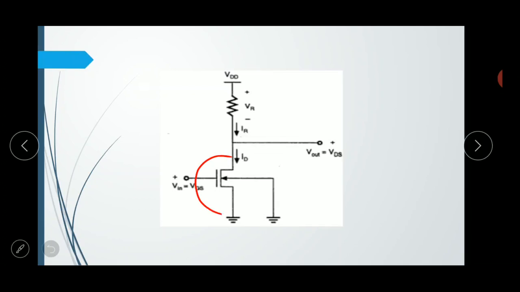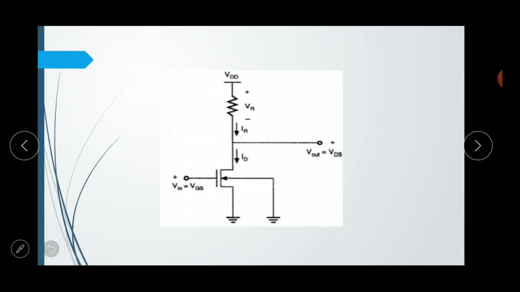In the driver, an enhancement type NMOS transistor is used, and in the load circuit a simple linear resistor is used, denoted as RL. We have to remember that the drain terminal of the NMOS is connected to Vout and the source of the NMOS is connected to ground.